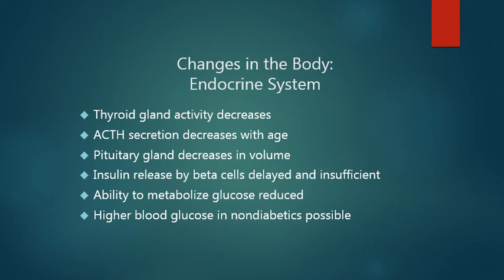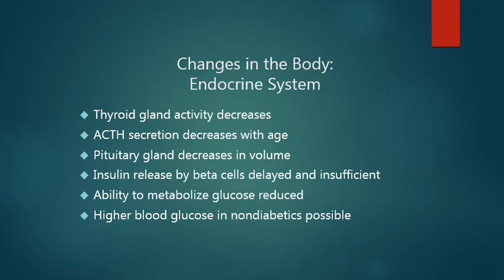Insulin delayed and insufficient, and this again is not abnormal, it is normal. Therefore, they may experience normal metabolic glucose reduction. Therefore, you may have these farmers who read with higher blood glucose that are not diabetic.